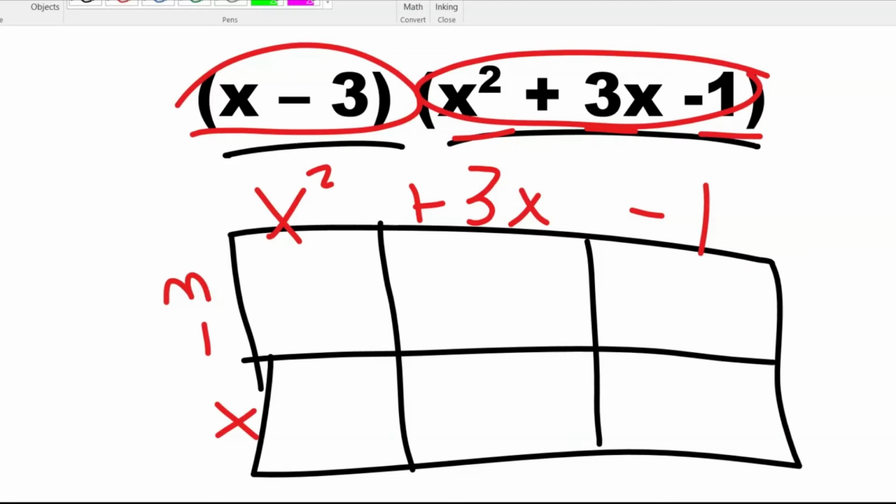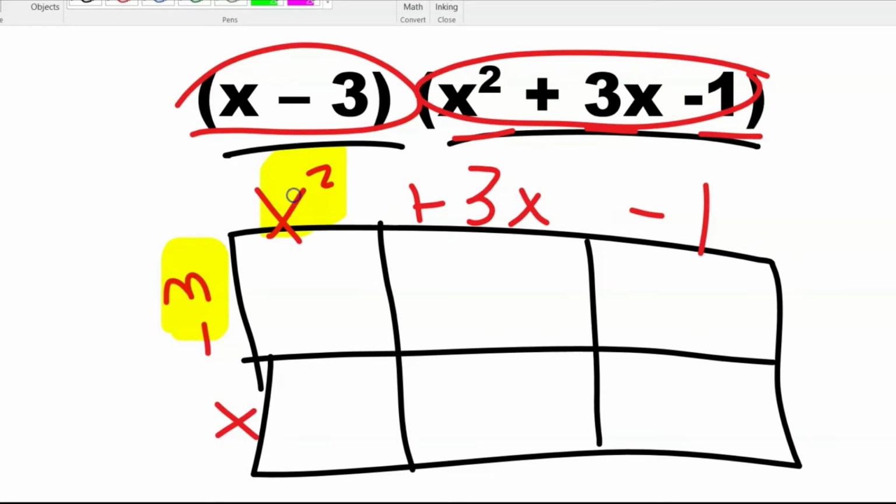And what I'm going to do is multiply whatever's over here on the left by whatever's on the top of the box. Okay, so this will help me keep up with it, because instead of distributing, a lot of times it's easy to not distribute once and not even notice that you missed a term. But here I've got boxes and I'm going to make sure they're all filled in. So I've got negative 3 over here on the left.